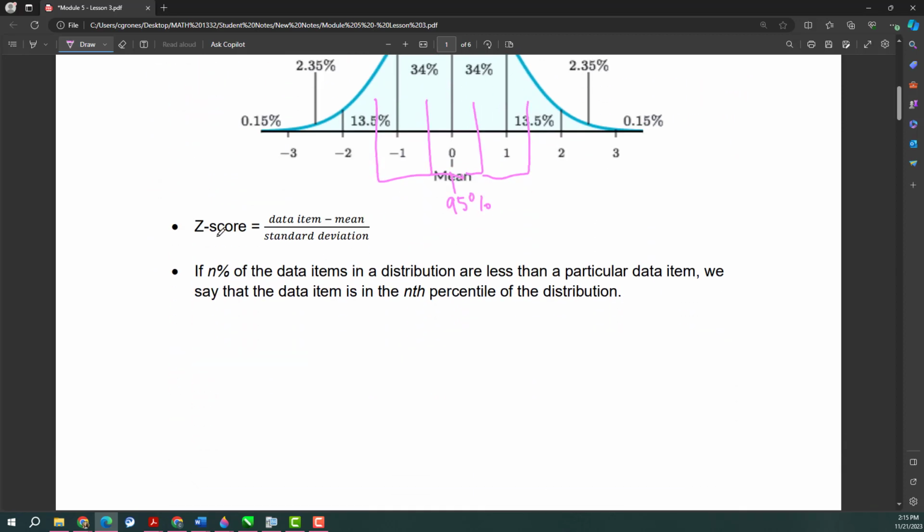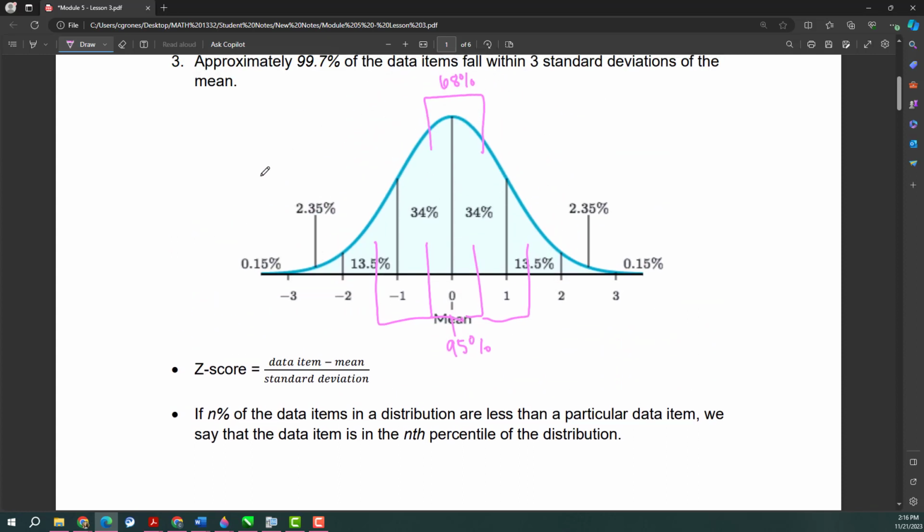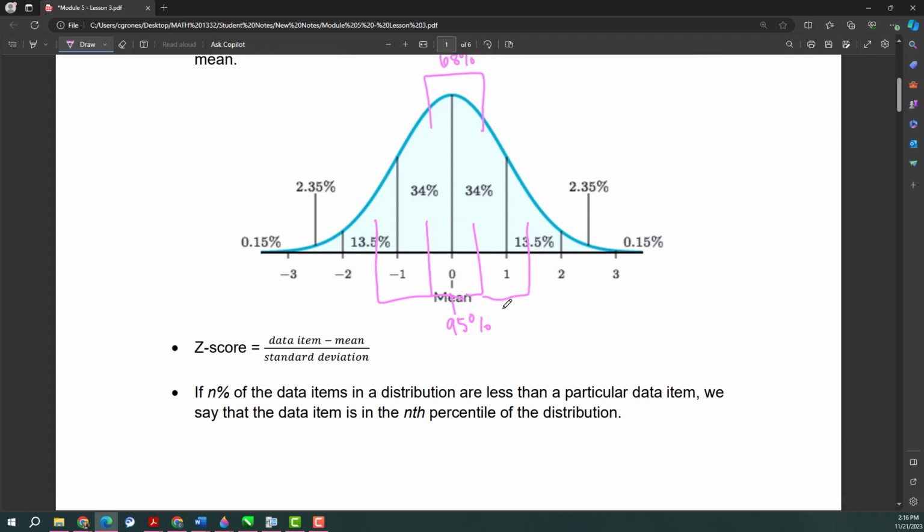And the z-score formula is by taking our data item, subtracting our mean or the average, and then dividing by the standard deviation. So on all of these exercises, you will be given the mean and the standard deviation. So you won't have to be calculating any of that. And then we'll be converting back and forth from the z-score to the data item and then working with this bell-shaped curve.